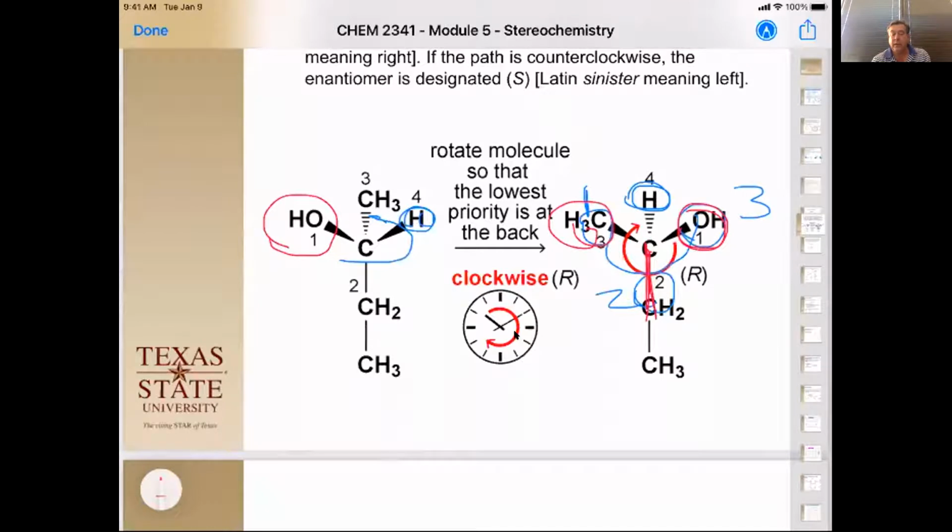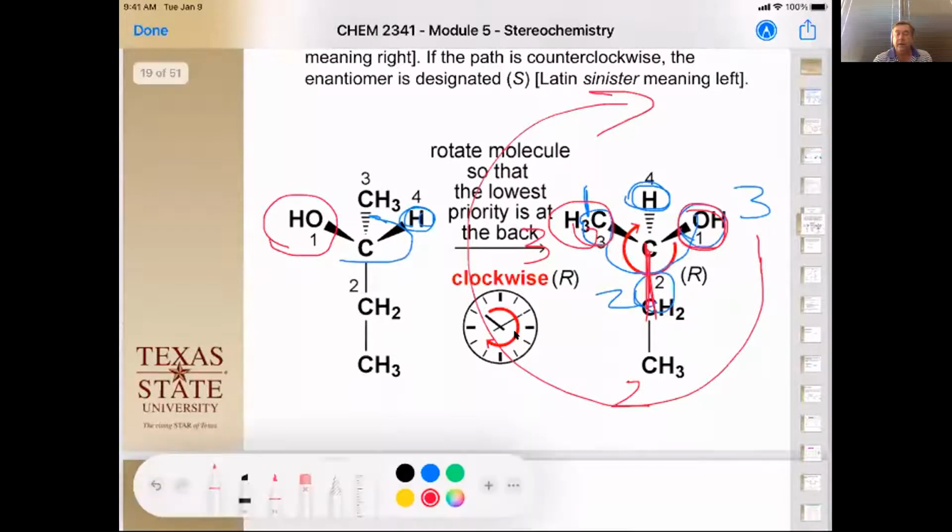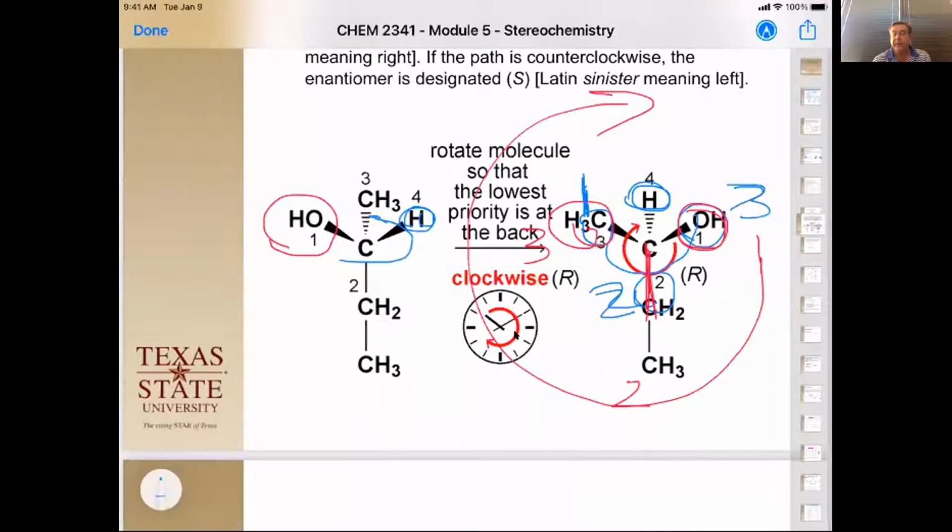If the priority is 1, 2, 3 going in a clockwise fashion, it is going to be R. If it's going 1, 2, 3 in a counterclockwise fashion, that is going to be S. Questions on that? Okay. Prioritization rules is the easy part. Orienting this so you can see clockwise and counterclockwise is the Minecraft part.